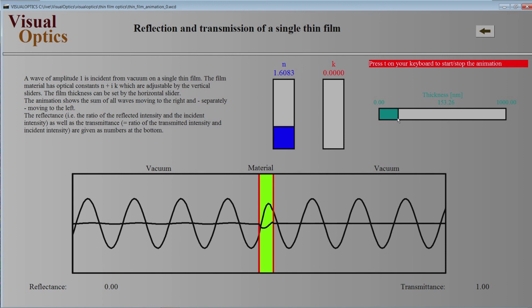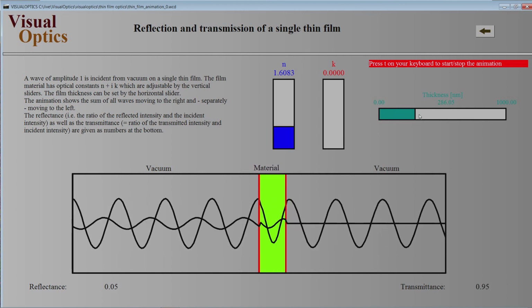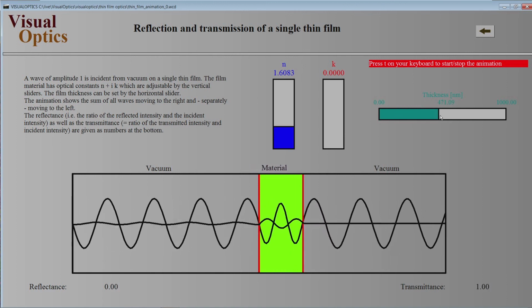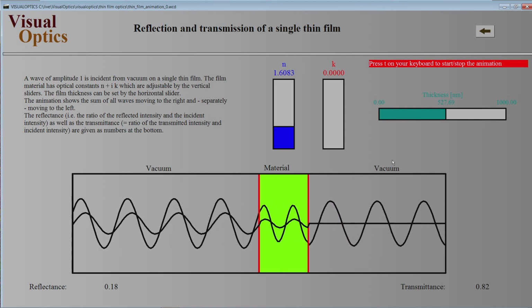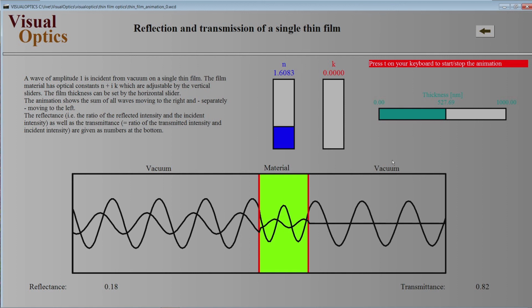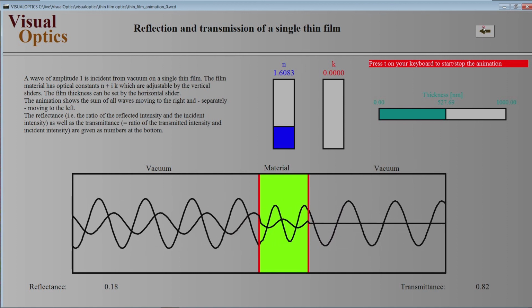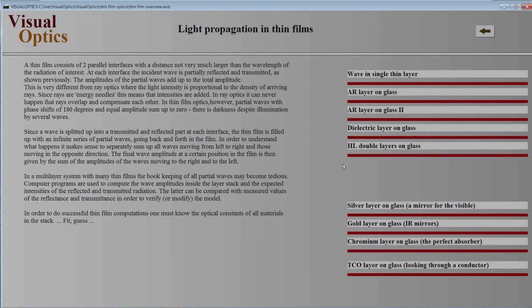We will do some exercises now. We will consider some effects of this coherent superposition of partial waves in thin film systems. Let's take a first example.